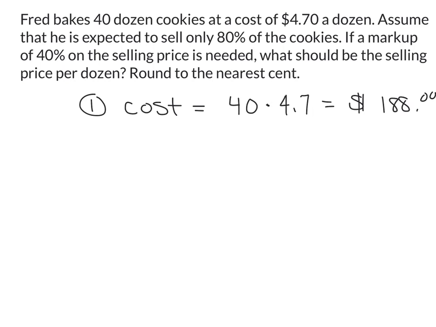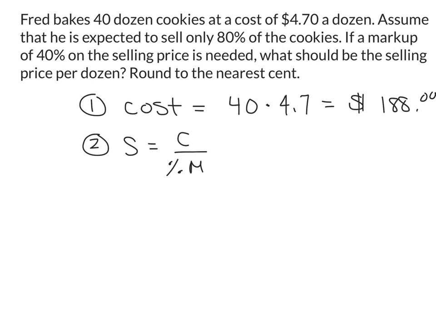Next, we're going to find the total selling price, or the revenue, of all cookies. To do that, we'll use the formula selling price equals the cost over the percent markup on selling price.